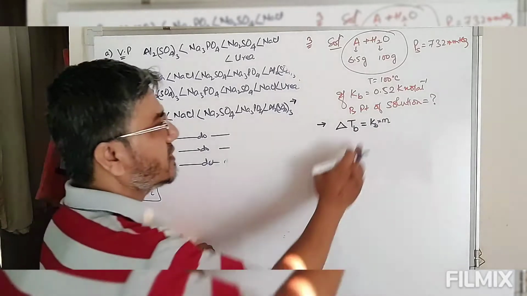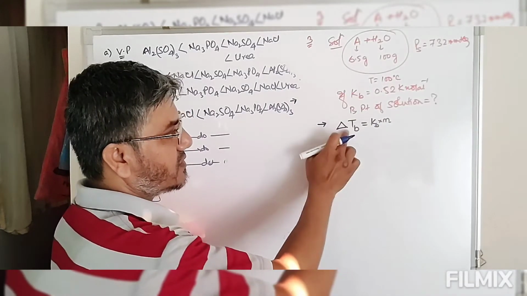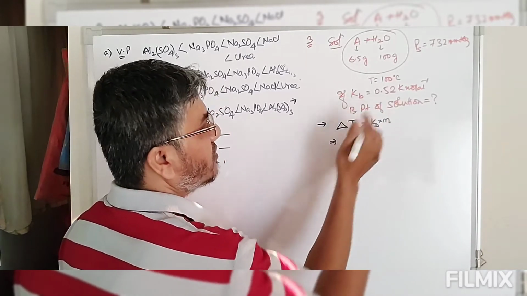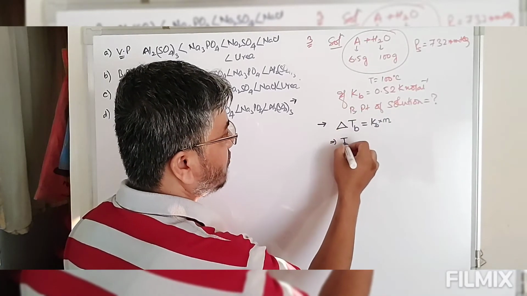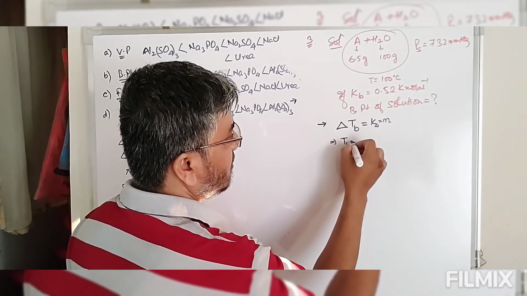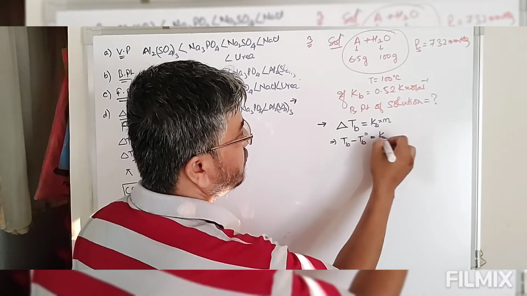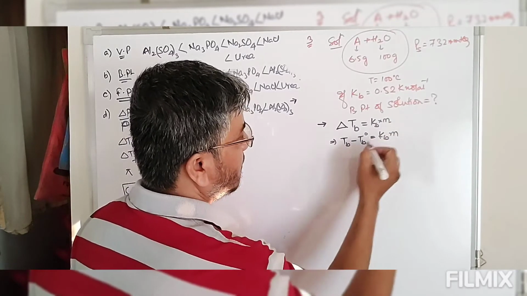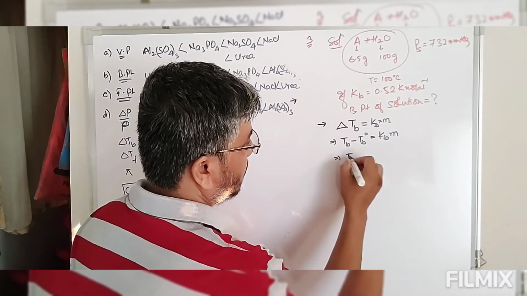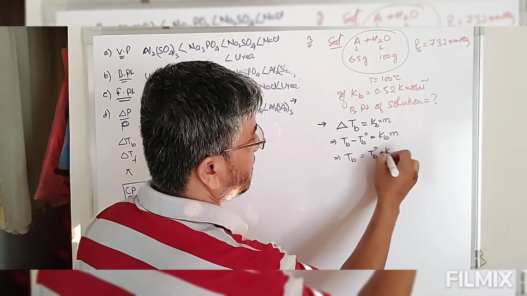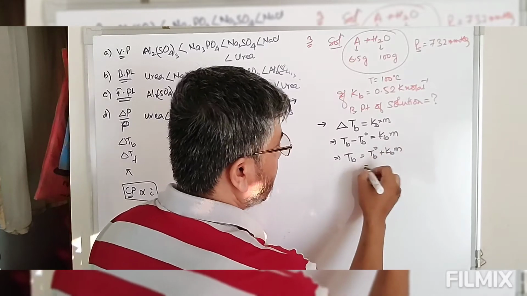Kb is given, so we have to find the molality from delta P. Once we define this delta Tb, we can easily define the boiling point of solution. So delta Tb is the boiling point of solution minus the boiling point of pure solvent, which is equal to Kb into m. Therefore, the boiling point of solution is equal to Tb naught plus Kb m.